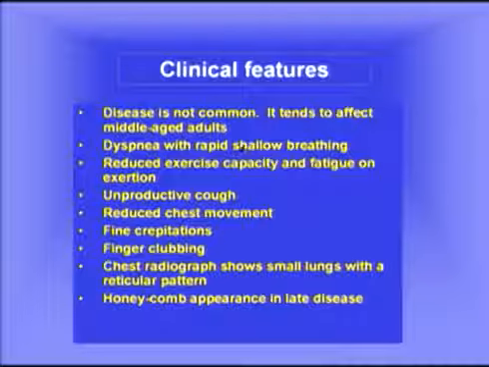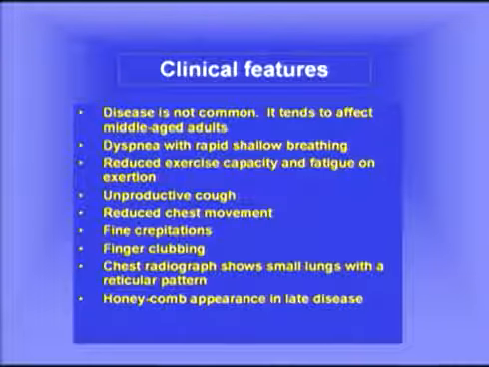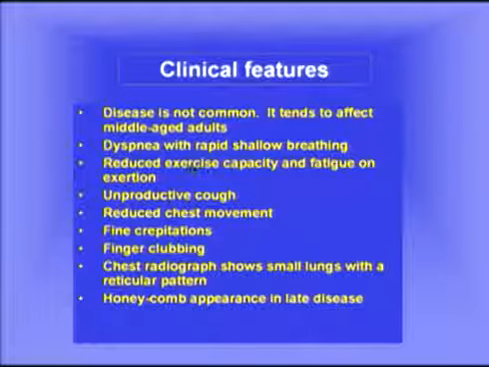He may also notice, or you may notice, that he's got rather rapid, shallow breathing. That's a feature of this disease. He has a reduced exercise capacity, either walking along, walking up a hill, or climbing stairs, for example. Another feature that he often complains about is fatigue, that after exercise, or even in the absence of exercise, he feels fatigued.